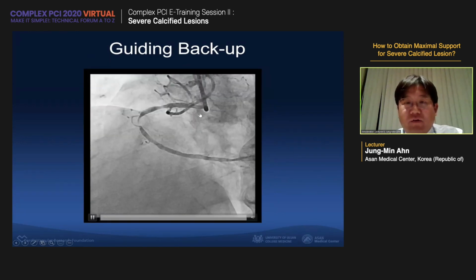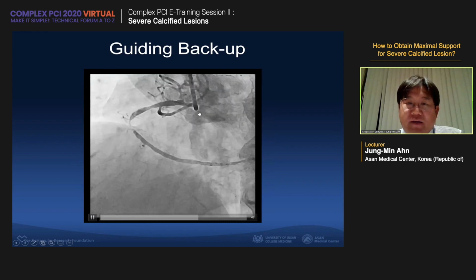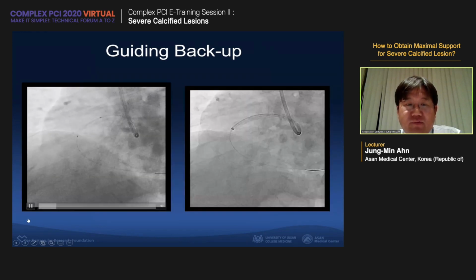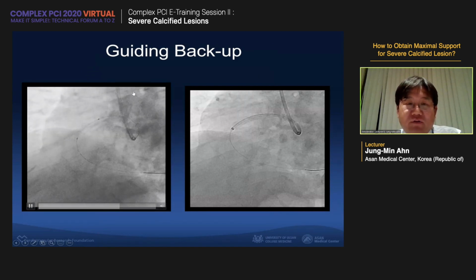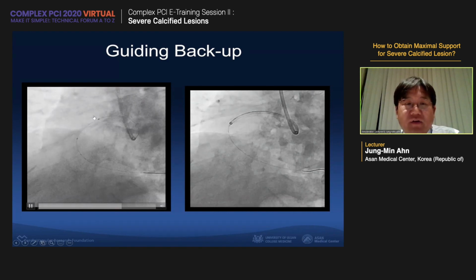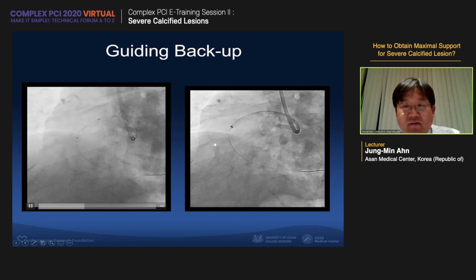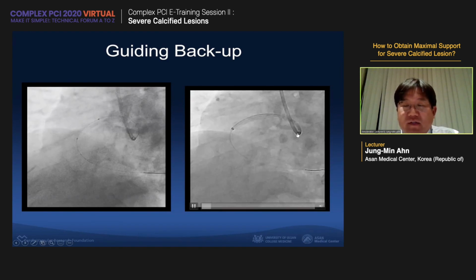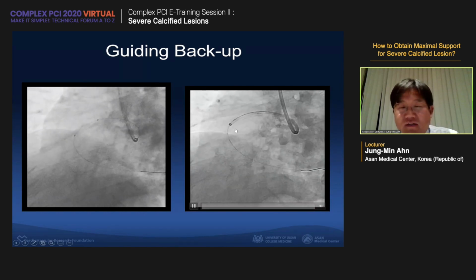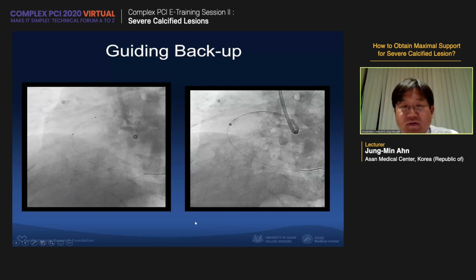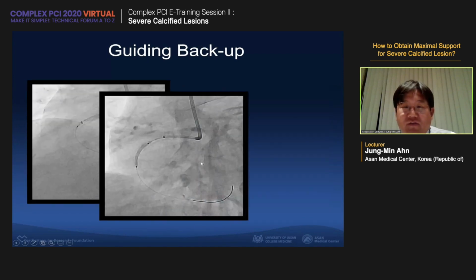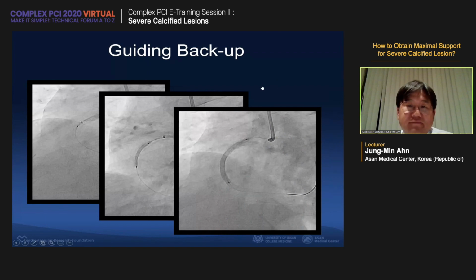Even with a very weak guiding catheter backup, for example, when we cannot deliver any device to the lesion, when you insert GuideZilla just before the lesion, you can deliver the device and treat the lesion successfully.